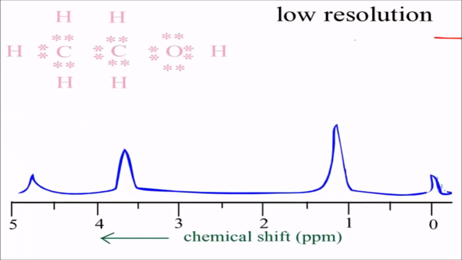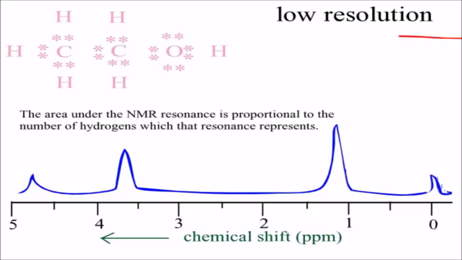We have both low resolution and high resolution NMR spectroscopy. To begin with, I'm looking here at low resolution NMR. The area under the NMR resonances, these peaks, is proportional to the number of hydrogens which that resonance represents. In other words, the number of different hydrogens or protons in these different environments.